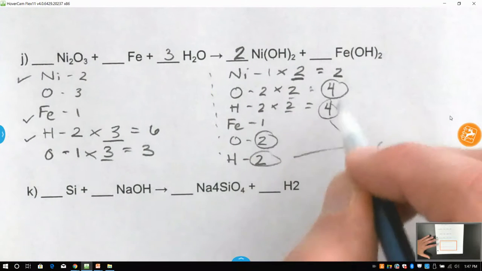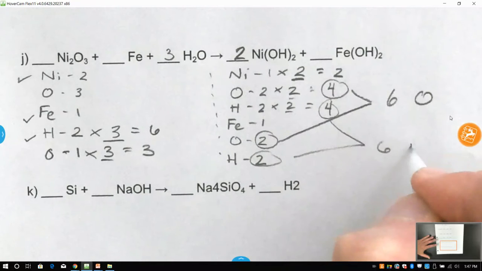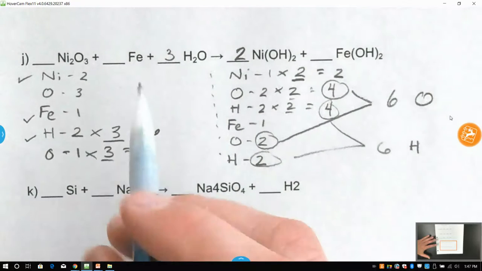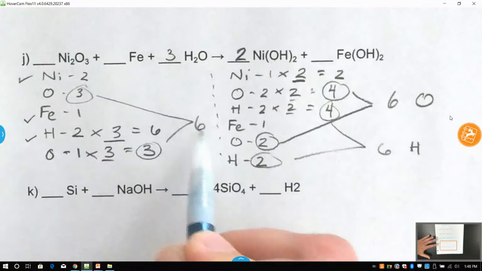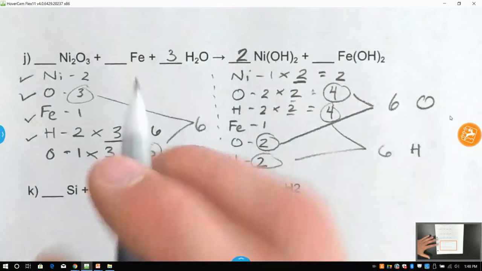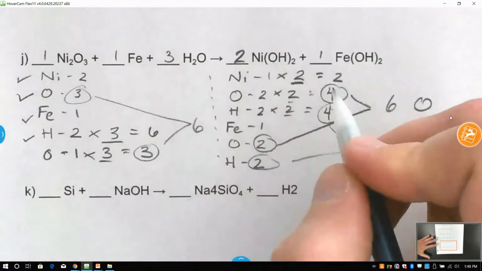So this 2 and this 4. This will be 6 oxygen. So those are hydrogens. And how many oxygen do we have total on this side? 6. So everybody is balanced. So we are left on this one with a 1, 1, 3, 2, 1 ratio.